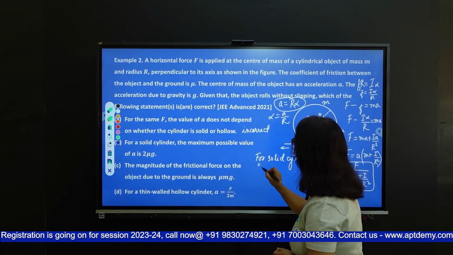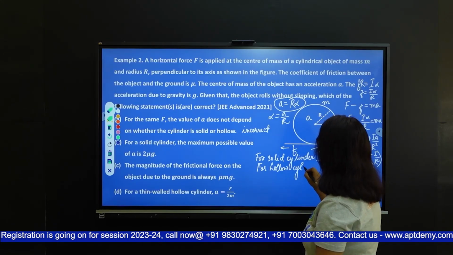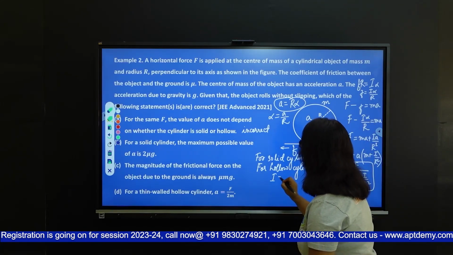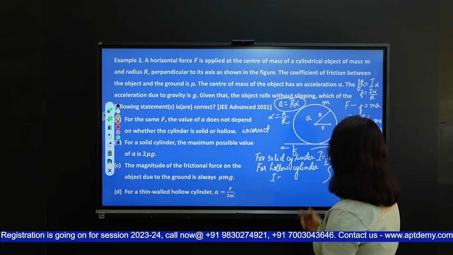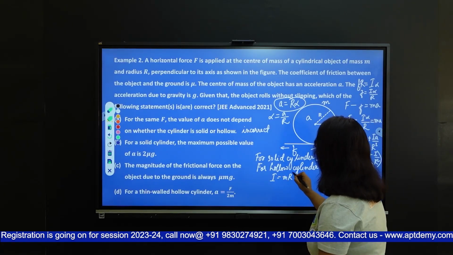Now for a hollow cylinder, the moment of inertia about an axis passing through the center is I equal to m r square.